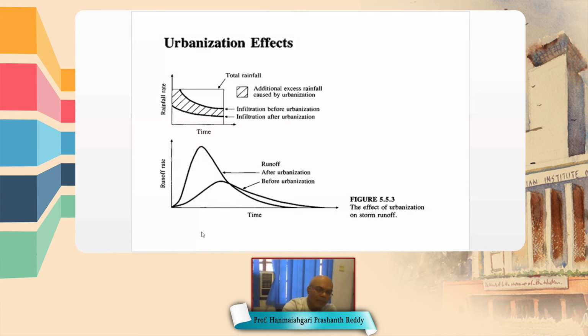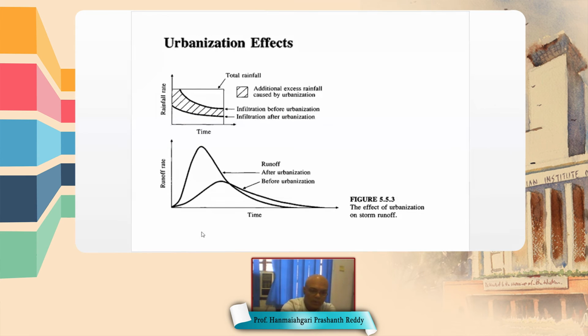But now those agricultural lands have been converted into residential areas. Because of the houses and roads and parking lots, they are all concrete material. So rainfall is now not able to infiltrate, and that is coming to the stormwater drain.